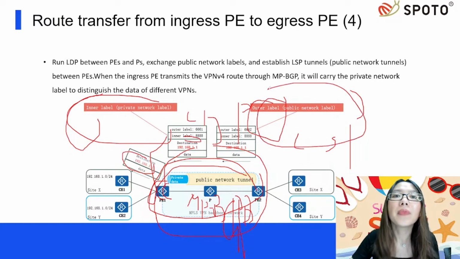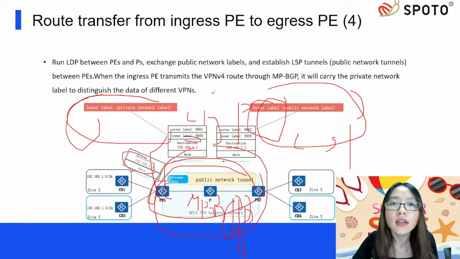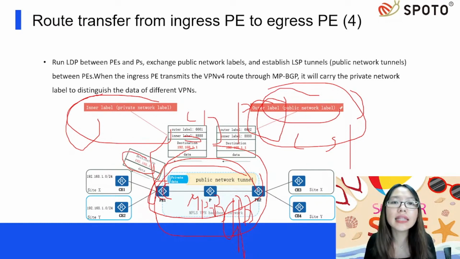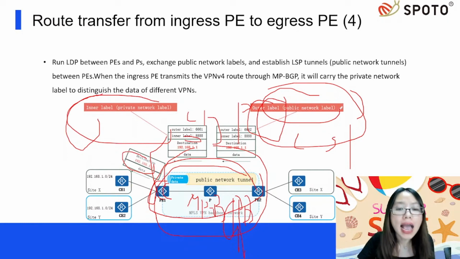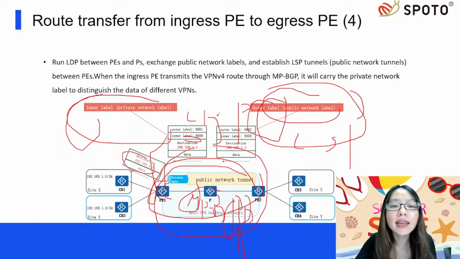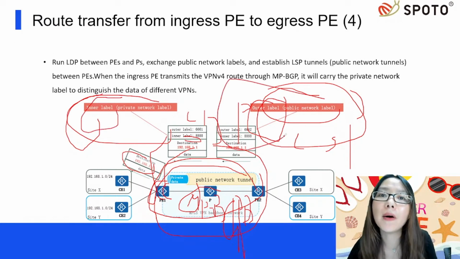The outer label is distributed by LDP to the next hop, generally an interface address of the PE. The P forwards the data to the PE according to the outer label. Okay. So in this part, you need to know what the inner label and the outer label are.